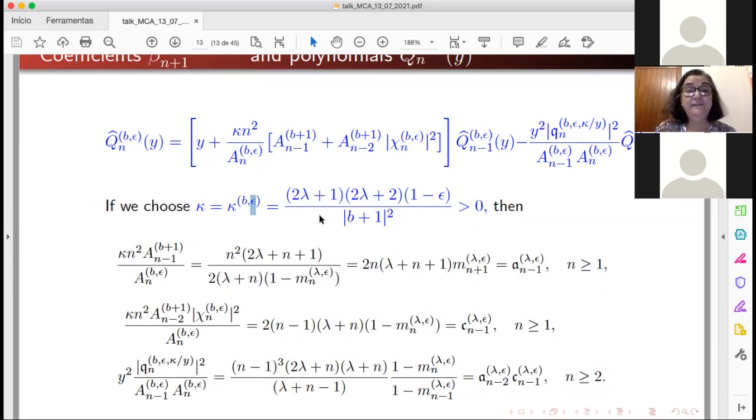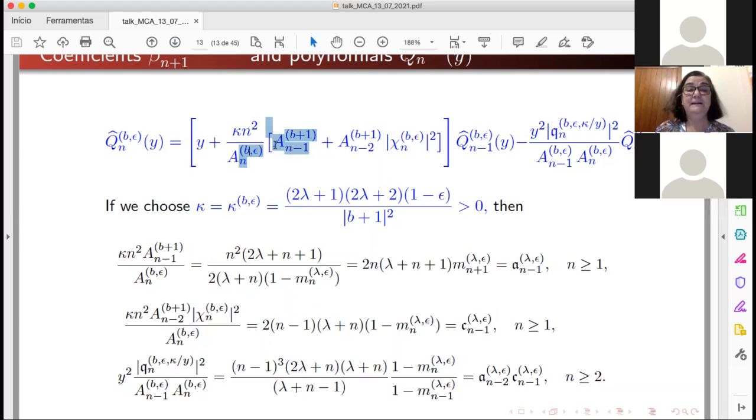Now, with this choice, this multiplication, and we know these values explicitly, we get simpler coefficients that we call A n minus 1, and remember that it depends on lambda and eta.